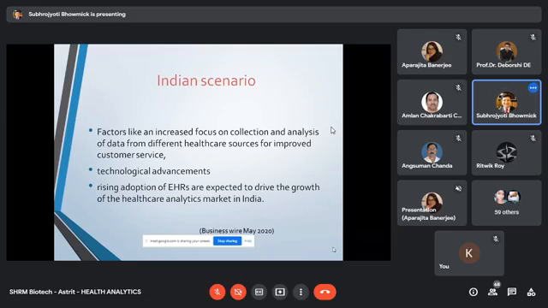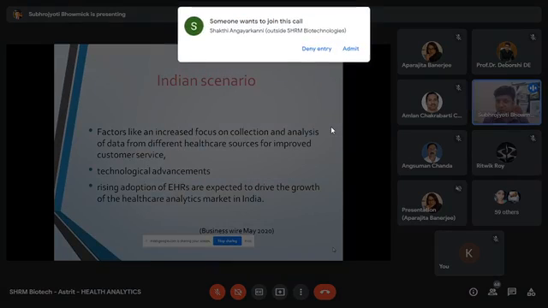In fact, we are planning to go the digital way in writing prescriptions as well. We have started the process. India is also witnessing technological advancements, and the COVID-19 pandemic has acted as a catalyst for technological advancement.